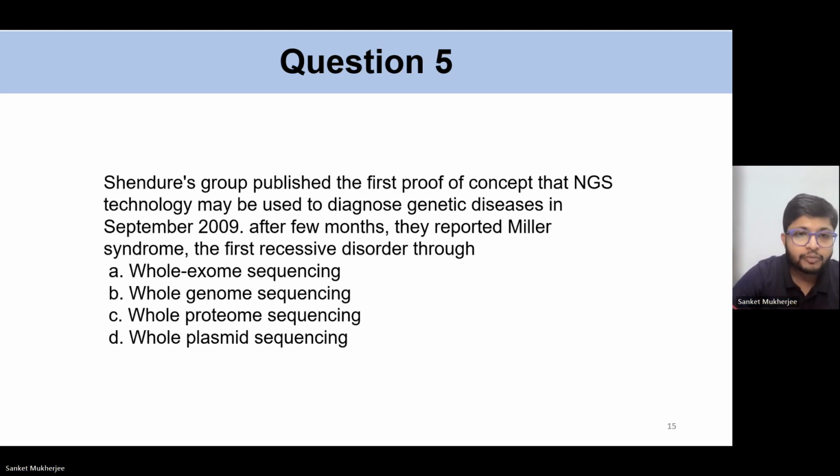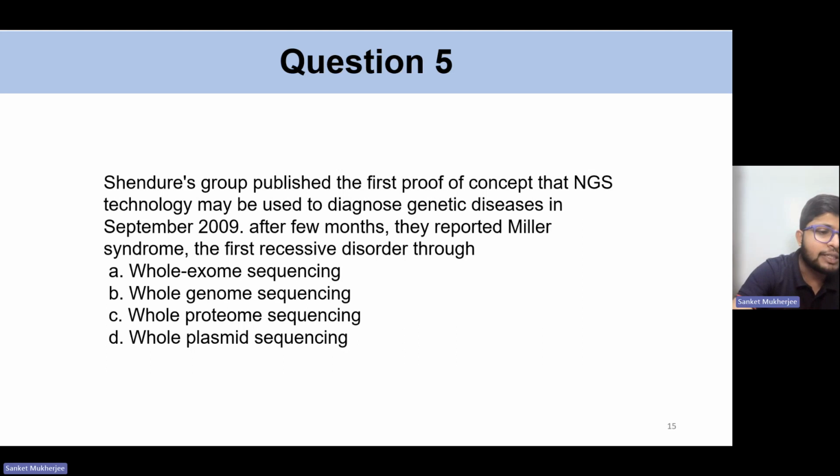Although the rest of the options just mean that. If exomes are sequenced, then it's whole exome sequencing. Whole genome sequencing includes the exons and the introns, whereas proteome sequencing only involves the proteome and the proteins basically, and whole plasmid sequencing is not relevant in this context.